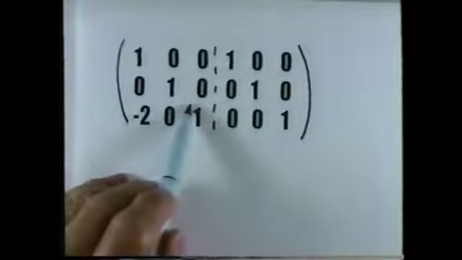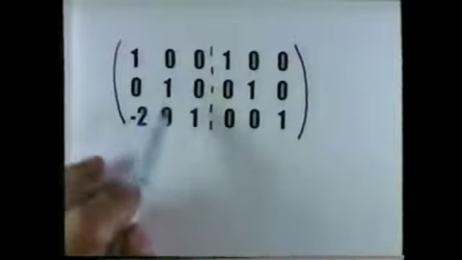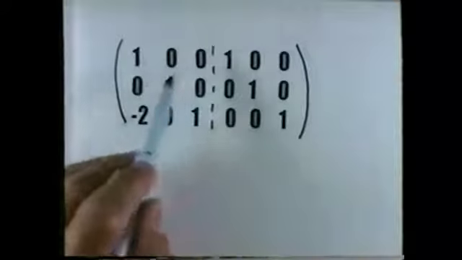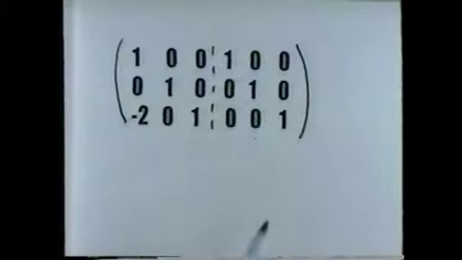So the regular method is to write matrix E on the left, 1, 0, 0, 0, 1, 0, negative 2, 0, 1, and write the identity on the right.